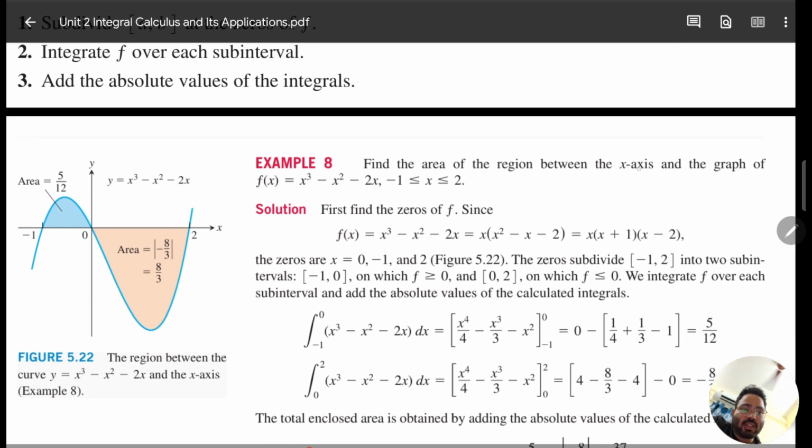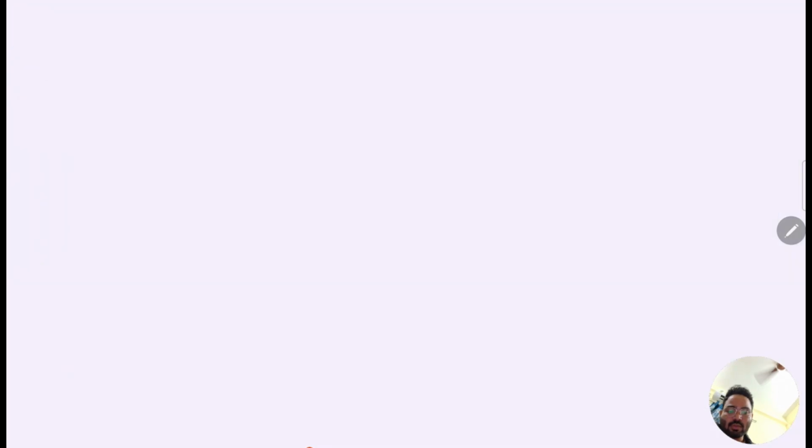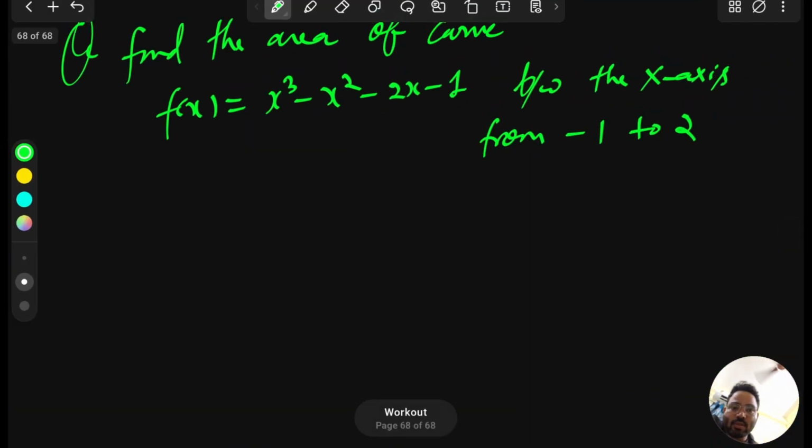So find the area of the region between the x-axis and the graph of this function, where x is between -1 and 2. Let's see how we can solve this question.